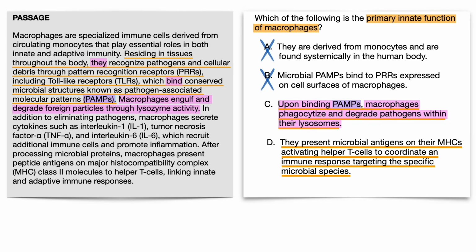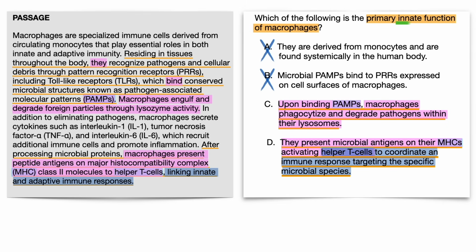But before choosing it, check the passage for words mentioned in answer choice D and read that entire sentence for context. It says macrophages present antigens on MHC molecules to helper T cells, which is pretty much also what answer choice D says. The second part of answer choice D is regarding the latter part of the passage sentence about helper T cells involved in the adaptive immune response.